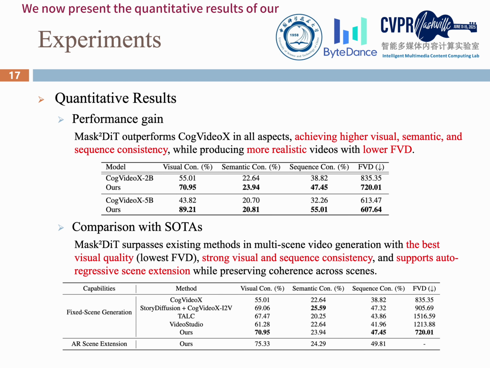We now present the quantitative results of our evaluation. First, we compare Mask²DiT against the strong baseline CogVideoX, using both 2B and 5B model sizes. As shown in the upper table, Mask²DiT outperforms CogVideoX across all consistency metrics, achieving higher visual, semantic, and sequence consistency while also generating more realistic videos, as indicated by the lower FVD scores.